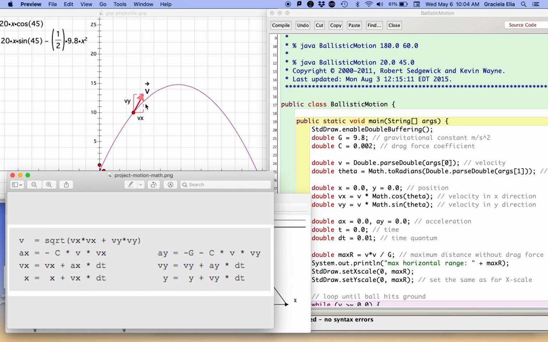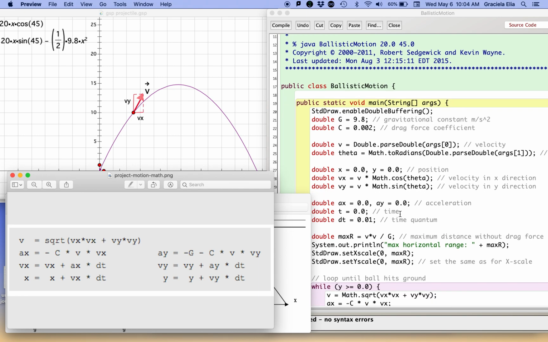If I want to know the actual distance, I will do the square root of that. And that's what this first formula is right here. The reason you need that is because you need to know the new velocity. The velocity changes.